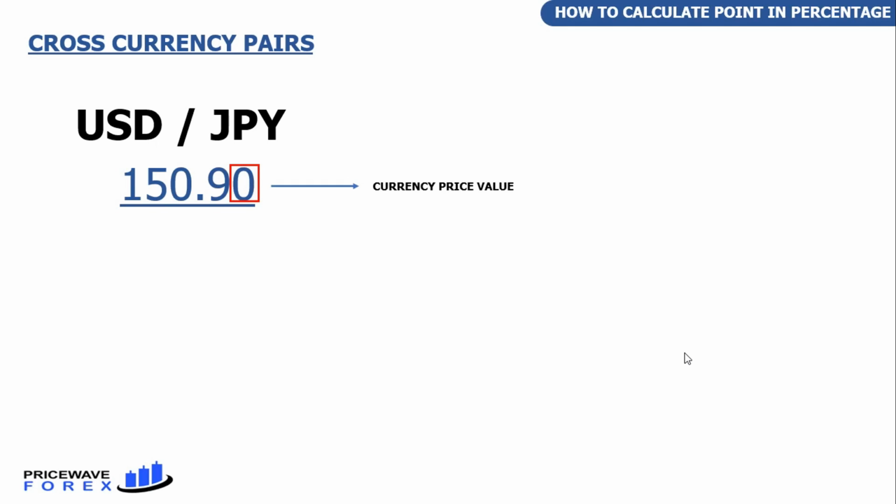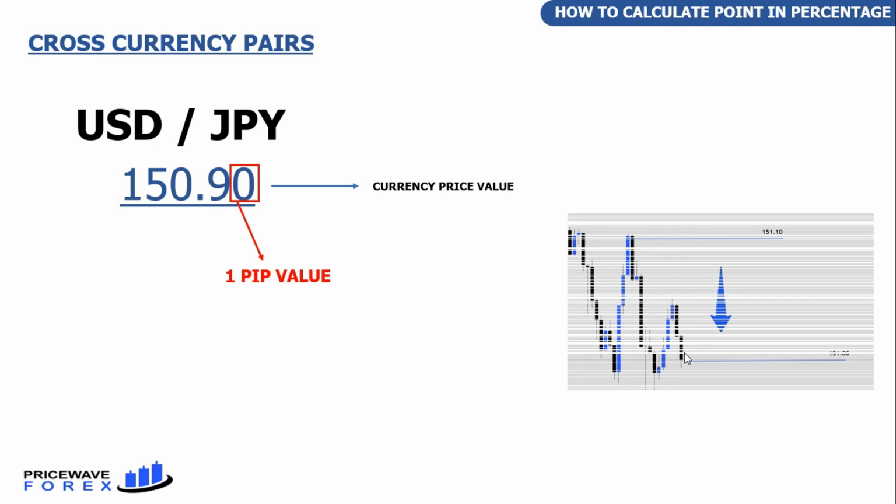But looking at the USD pair, because it has two decimal points, the second decimal point is our first pip value, our unit pip, meaning it represents one pip. Any change you see at the second decimal place is one pip. Take note, it represents one pip value.